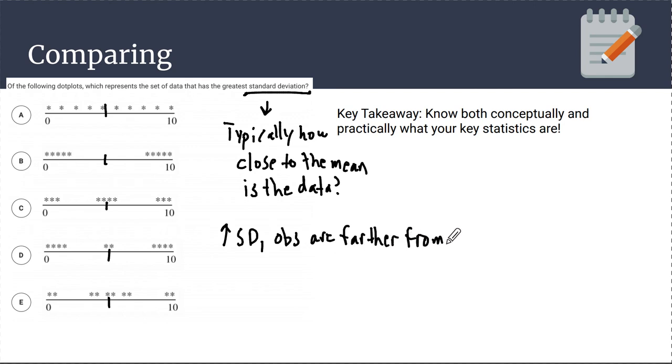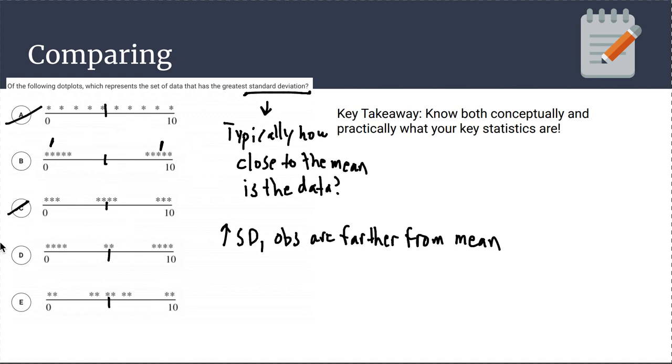So if we look at each of these sets of data here, which of these little dot plots here is the data most frequently far from the mean? This guy's kind of evenly distributed, so I don't think so. Look at this. This guy's data is all clumped out here and out here. We'll keep an eye on that guy. That's pretty far away from the mean. This guy has some points near the mean, so this one is still going to have the largest standard deviation.